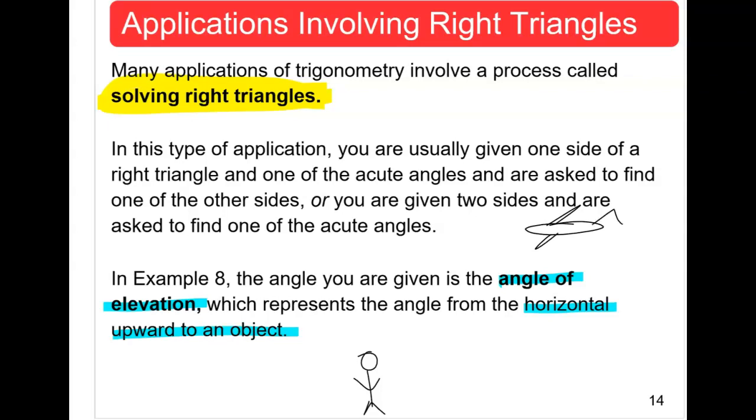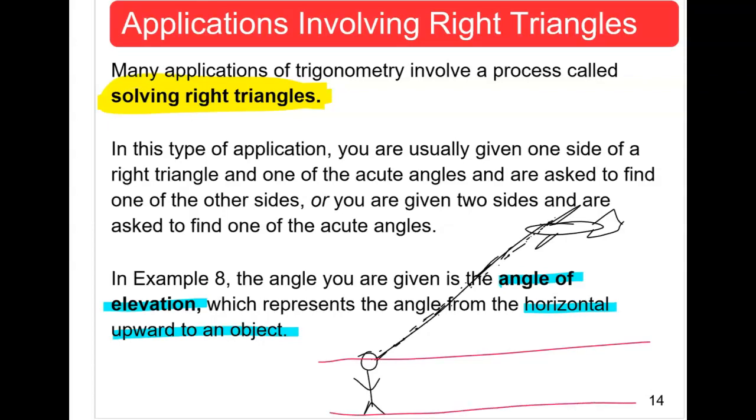You are looking at it from here, making eye contact, hopefully not with the captain. The angle that we form from your line of sight with the horizontal, a line that is parallel to the ground, is going to be the angle of elevation.